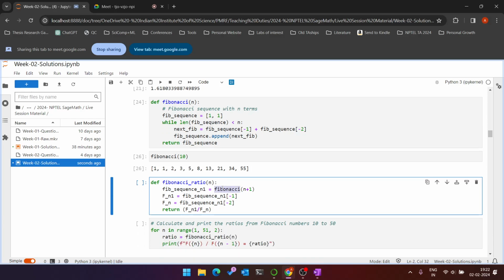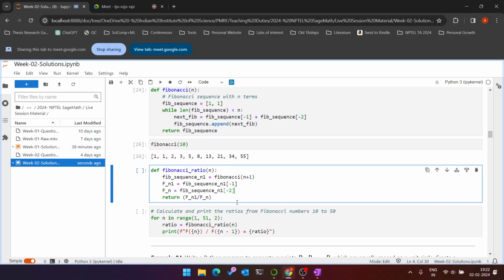So we just call it once. Then we look at the last term, so this is our n plus 1 term, and we look at the nth term, which is the second last term. And we ask this Fibonacci ratio function to return the ratio of the last term to the second last term.